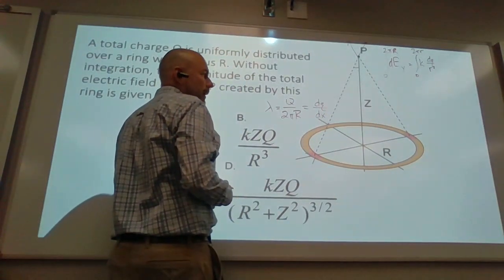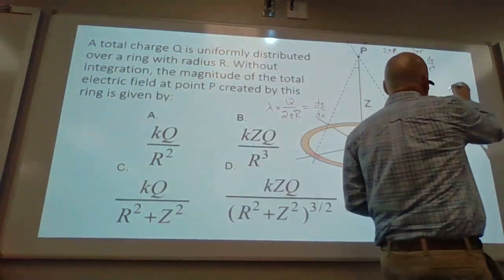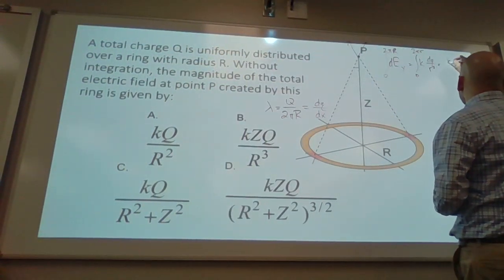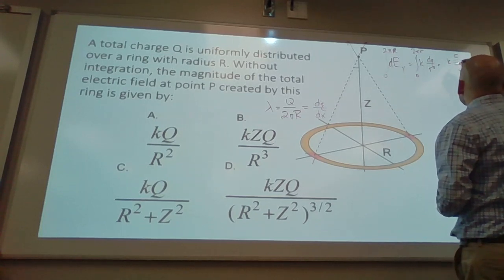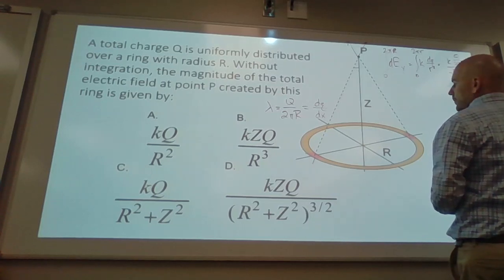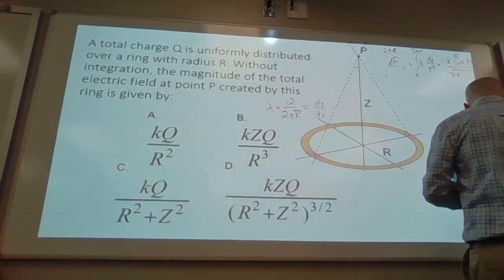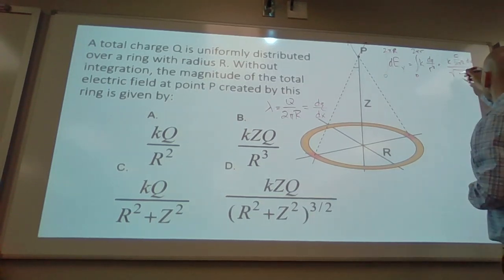a little dx. Okay. So that's equal to k q over 2 pi R dx over R squared plus z squared.